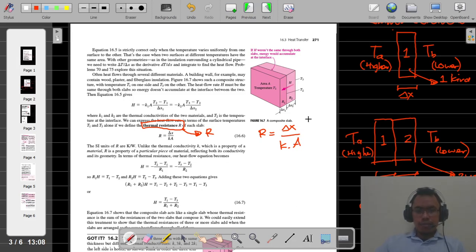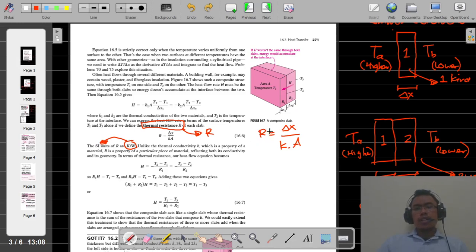The unit of R is Kelvin per watt. So this is the unit of R: delta X per K times A. And after that, what is R?